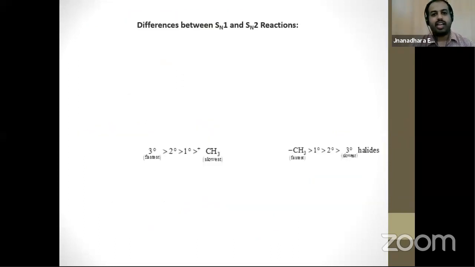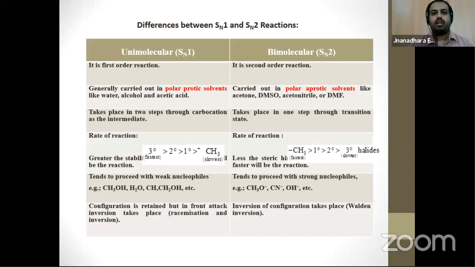Okay, next. Let's proceed. This is just a table or a chart to differentiate between SN1 and SN2. Some of it we have already discussed, first order, second order. The SN1 mechanism is favored by polar protic solvents, very important. That's why I've highlighted it in red font. Which are all those polar protic solvents?